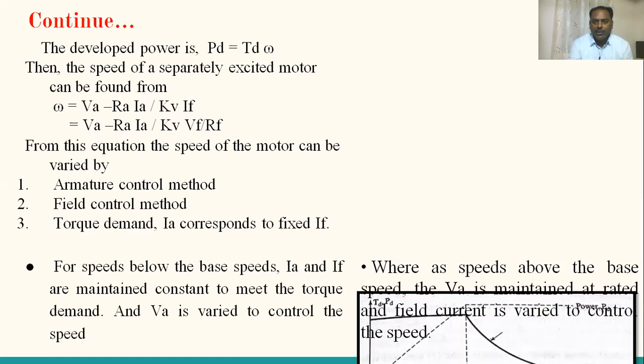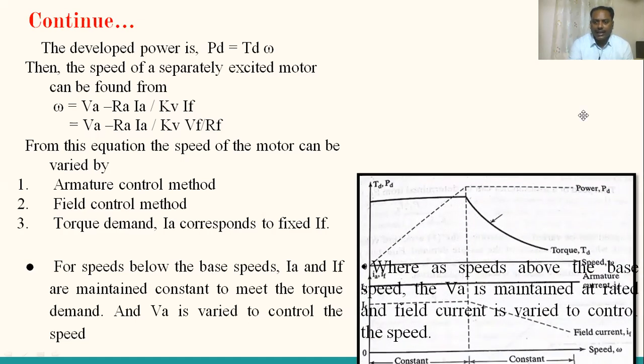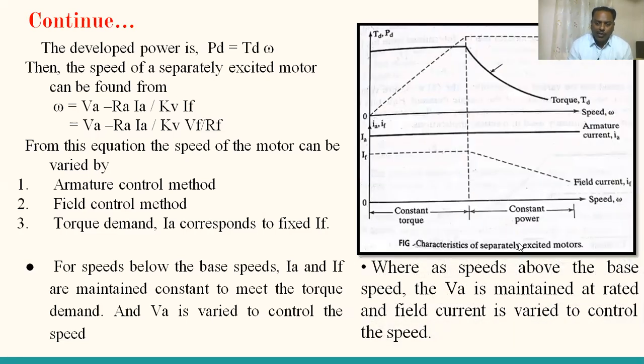And the corresponding basic characteristics, such as the developed torque TD, the power developed PD, armature current and field current versus the speed, you can observe here. There is one y-axis, which is the developed torque TD, power developed PD, armature current IA and the field current IF.